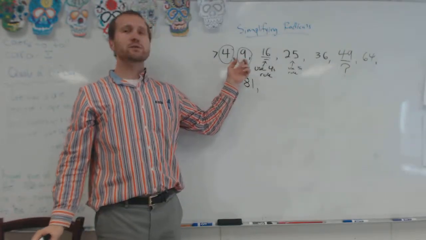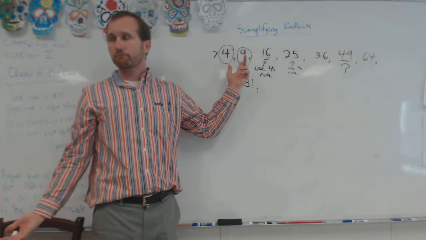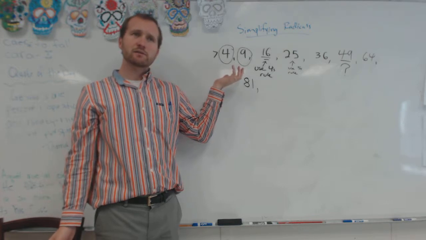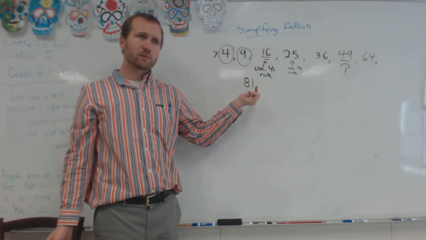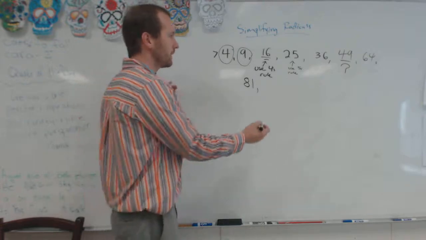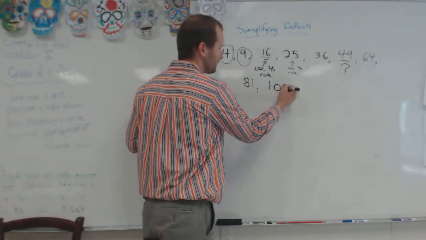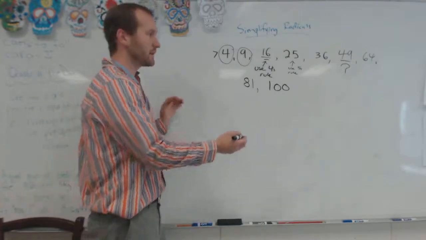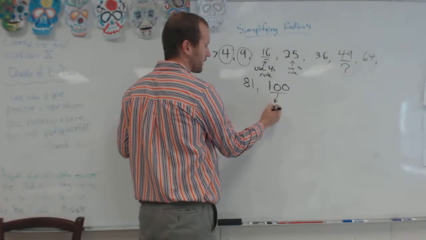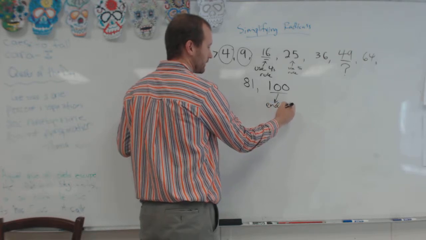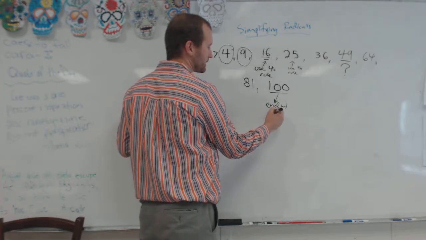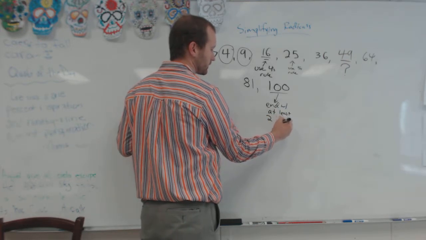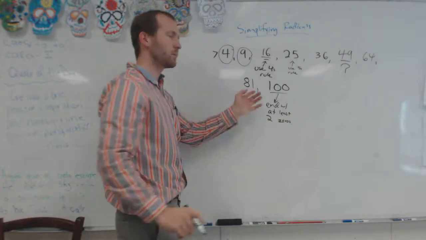Again, just use your 9s rule. 81 is divisible by 9, so if you're using that 9s rule, you will eventually pull out your 81s. And then 100 is a really easy perfect square to find because every number has to end with at least 2 zeros to be divisible by 100.